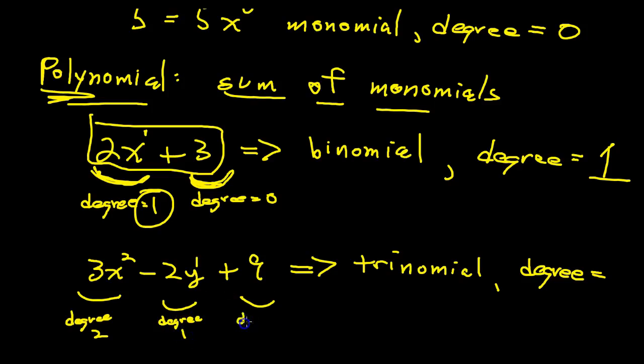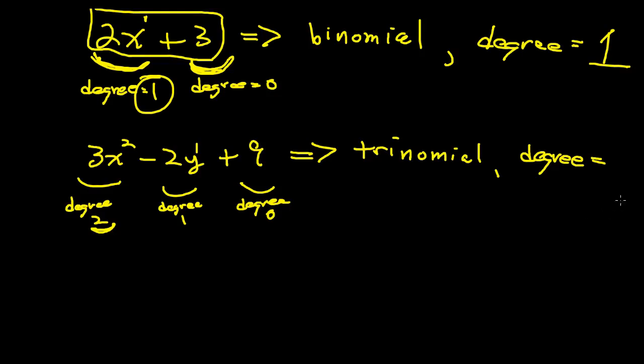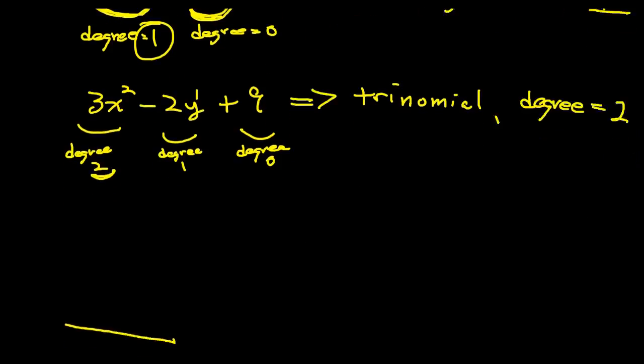And of course, any constant is a monomial of degree 0. So degree 2 is the highest degree I see here. Hence, the degree of this trinomial is degree 2.